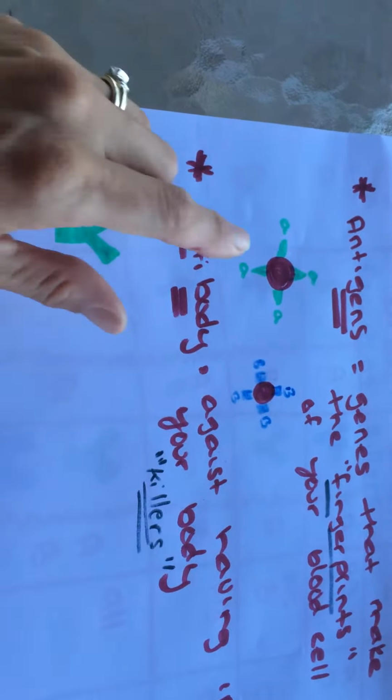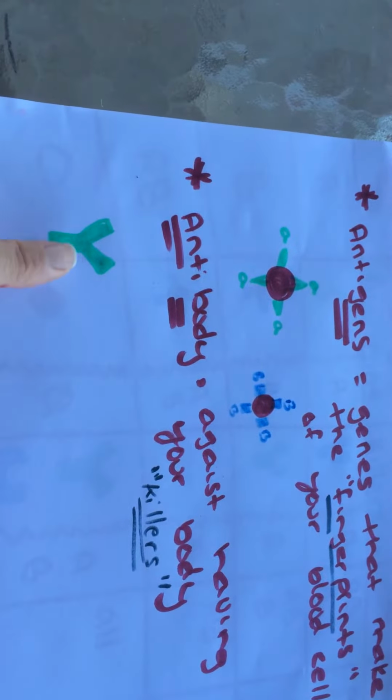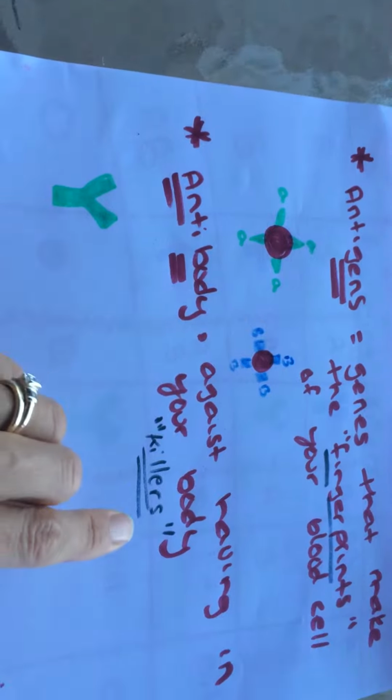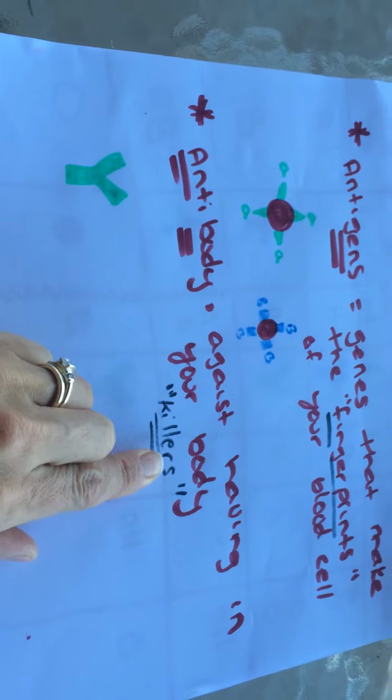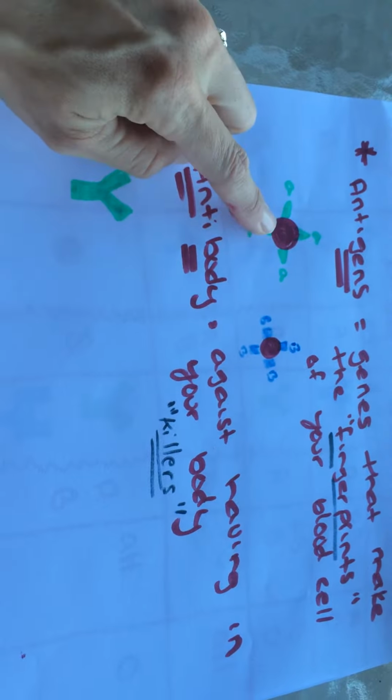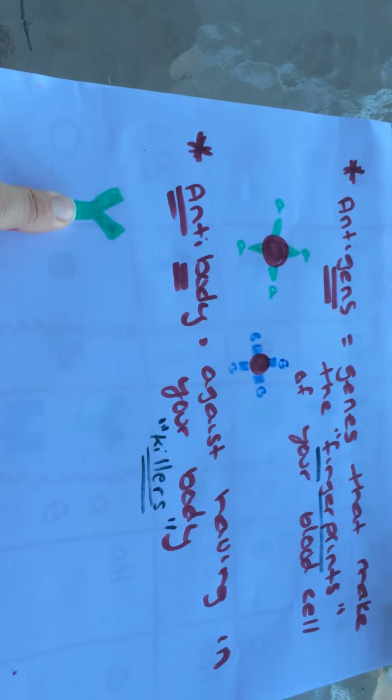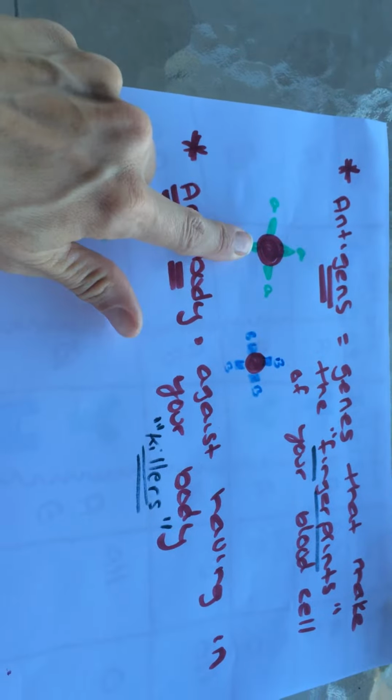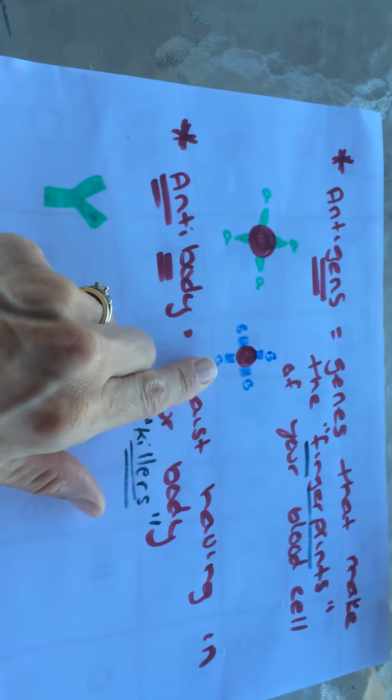The shape and the color fit like puzzle pieces, which allow this antibody, which is a killer, to kill this red blood cell.